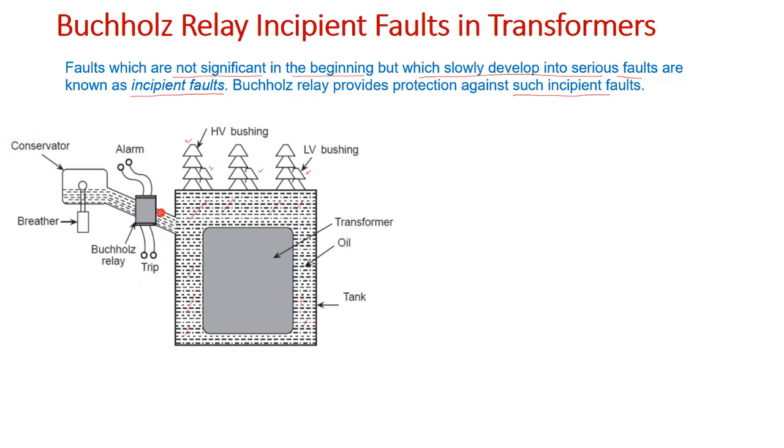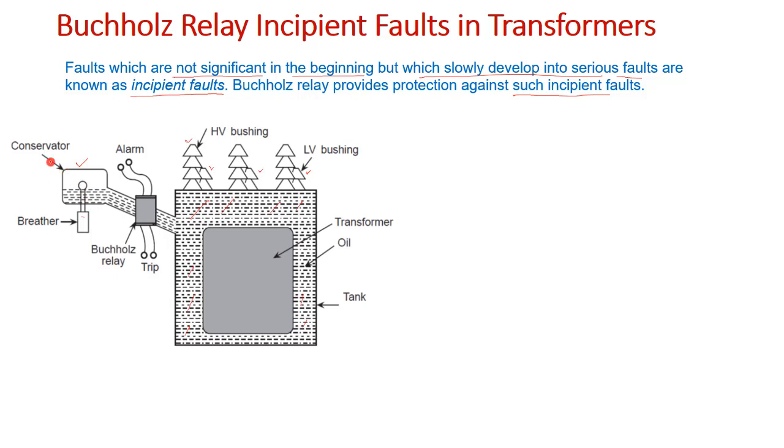On the left hand side we can see the conservator. The conservator is like a cylindrical structure, sometimes also made in a rectangular shape. In some transformers you will find a huge cylindrical structure on top, and it is connected through a pipe to the main transformer, right?